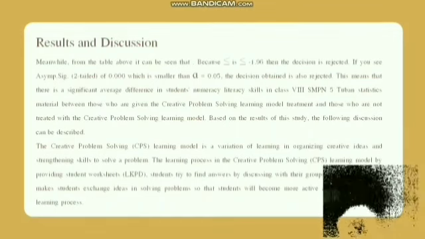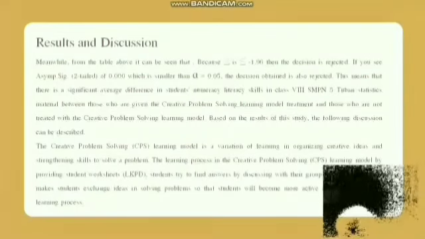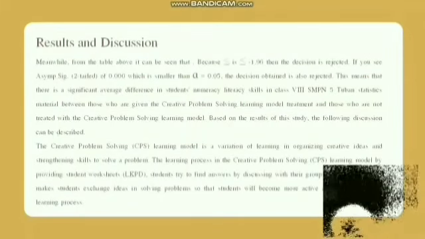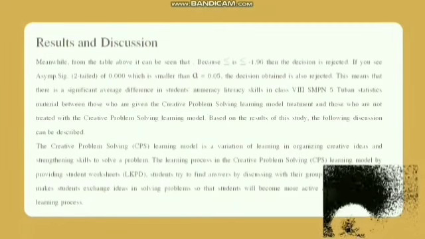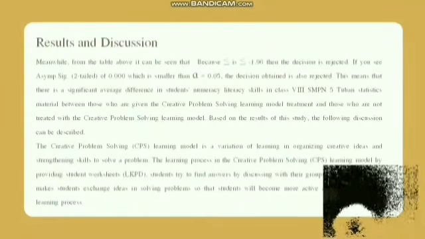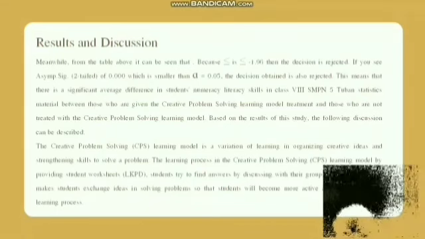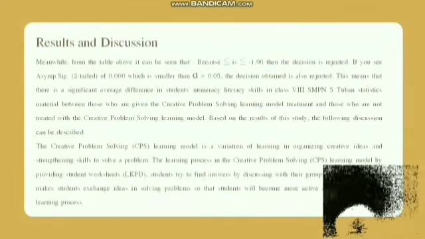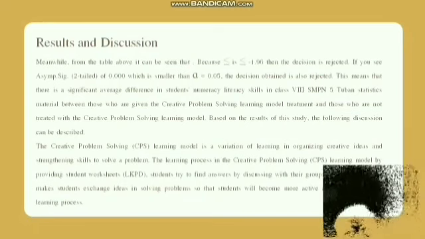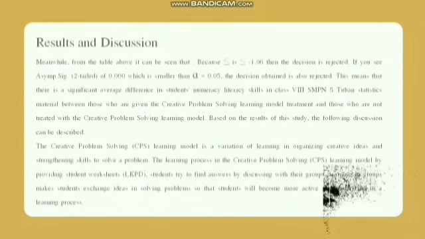This means that there is a significant difference in student literacy numeracy skill in class X junior high school 5 Tuban, statistic material, between those who are given the creative problem solving learning model treatment and those who are not treated with the creative problem solving learning model.